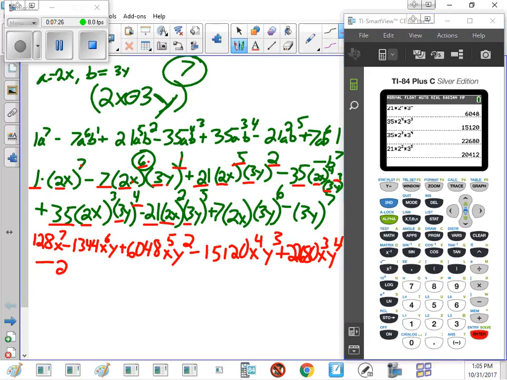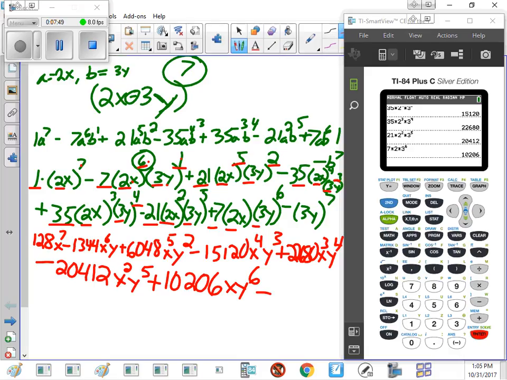And I get 20412 x squared y to the 5th plus 7 times 2 times 3 to the 6th. So 10206 x y to the 6th. And the last one is minus 3 to the 7th, which is 2187 y to the 7th.